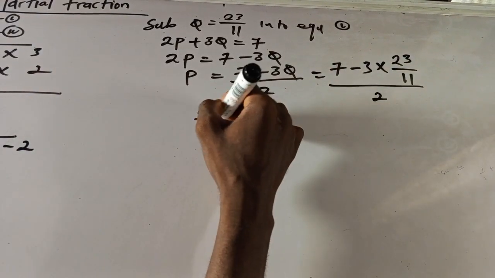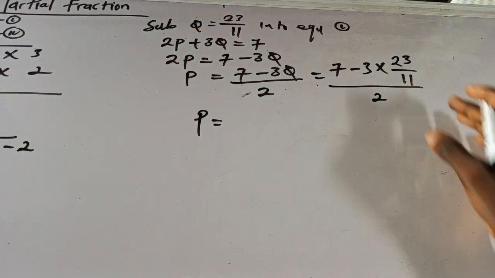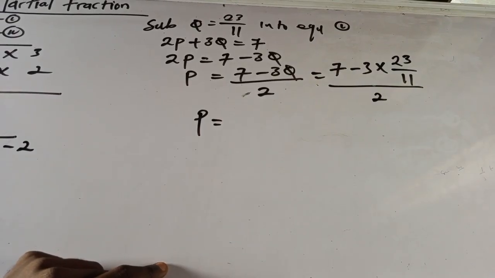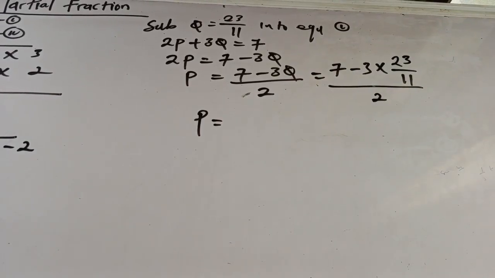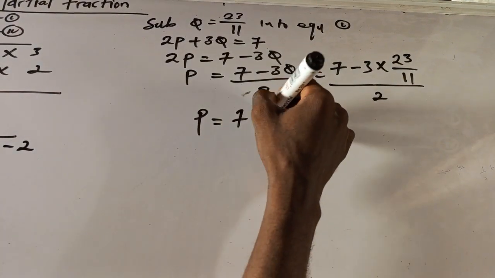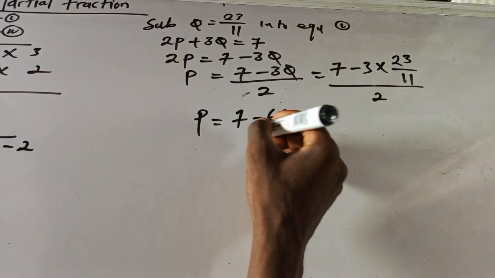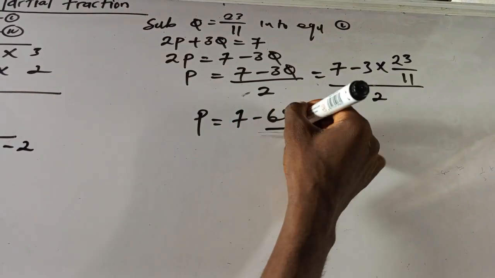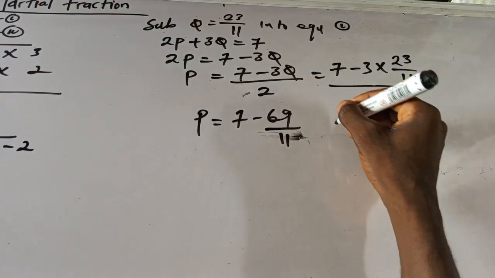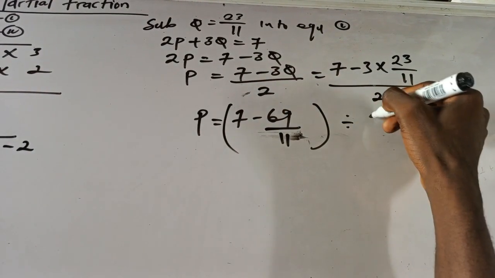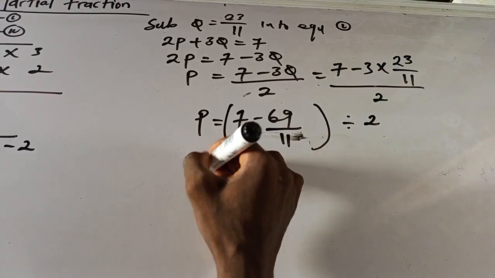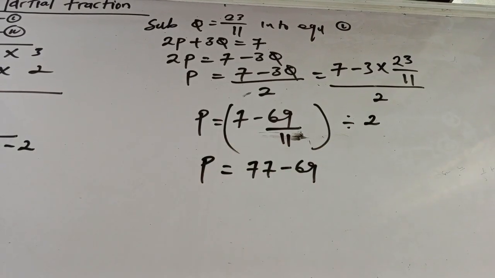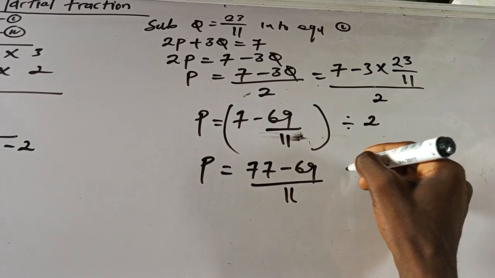So this is going to be p is equals to, let's solve this. 3 times 3 is 9, then 3 times 2 is 6. So I have 7 negative 69 divided by 11, then here is now divided by 2. Alright, so this is p is equals to 77 negative 69 over 11 times 1 over 2.